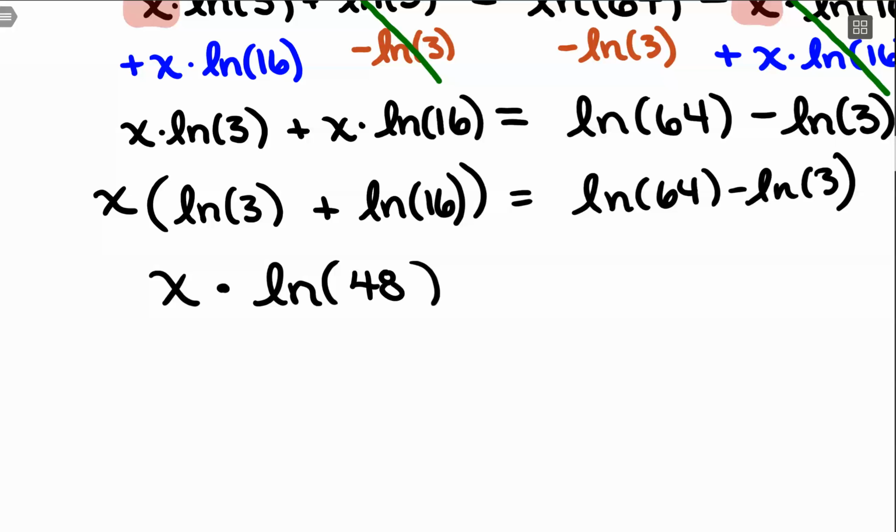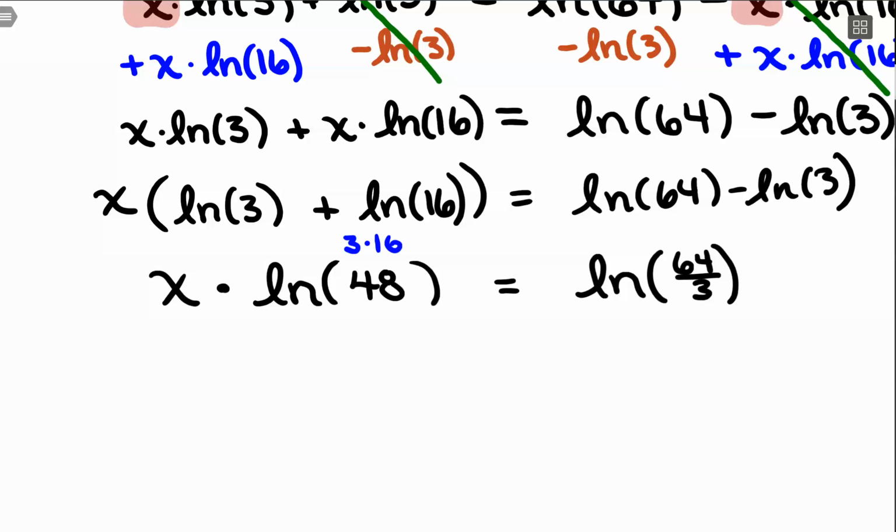We could do the same thing over here, combining this into a single logarithm, since there's subtraction between them, of 64 over 3. Since 3 doesn't go into 64, we just leave it like that.